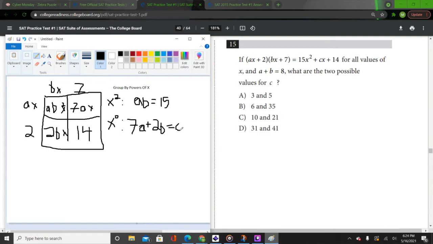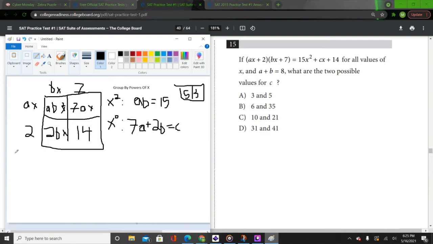But that's not what we're looking for. We're looking for values of c. And I say a is 3 and b is 5 because a factor tree for 15 shows 5 and 3 as the possible variables. Those are the two prime numbers that multiplied make 15.